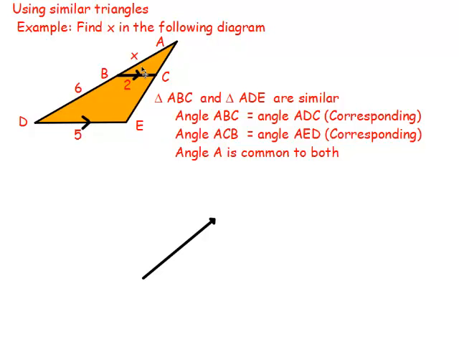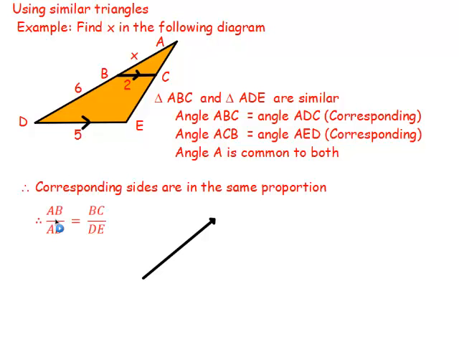So the little triangle and the big triangle are similar because they are equiangular and therefore corresponding sides are in the same ratio. So let's look at some corresponding sides. AB over its corresponding side AD is equal to BC over its corresponding side, which is DE.